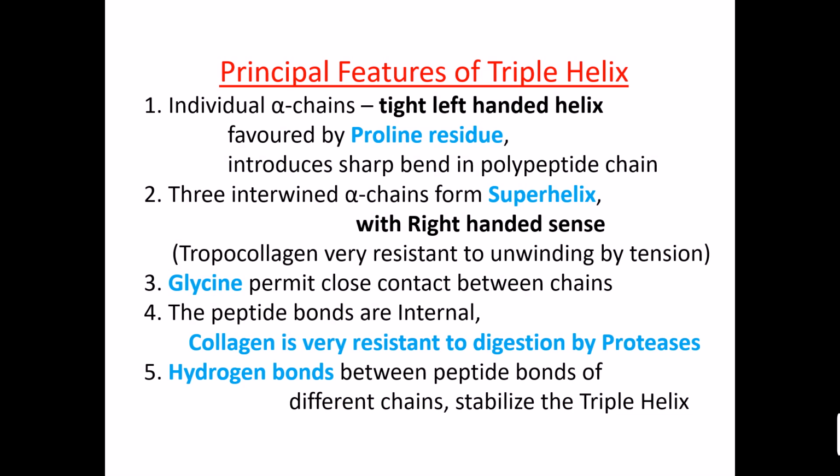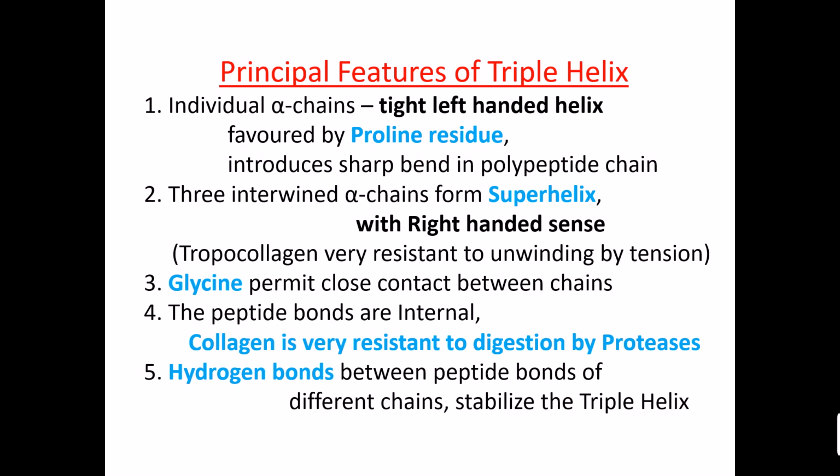Number 1, the individual alpha chain is a tight left-handed helix, and this is favored by the proline residue, which has a ring structure and is a big amino acid, and which introduces a sharp bend in the polypeptide chain.